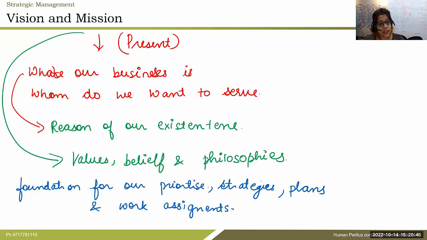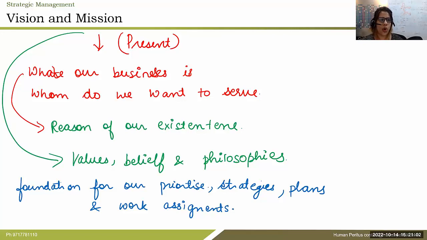Right? This vision and this mission together help the firm to achieve all kinds of strategies that the firm is going to opt for. I hope vision and mission is clear to all of you, right?